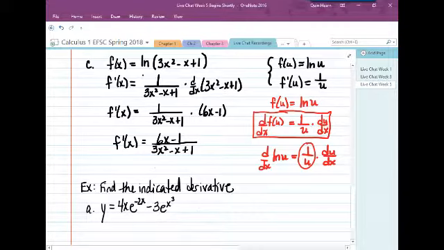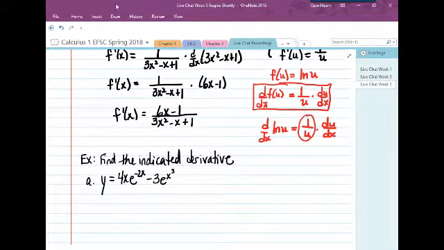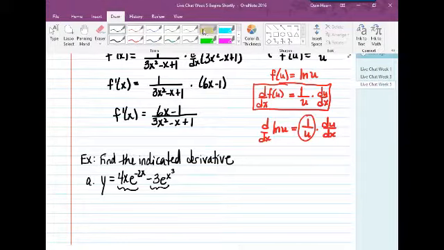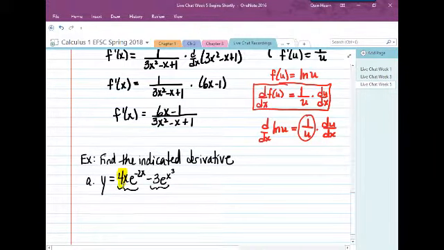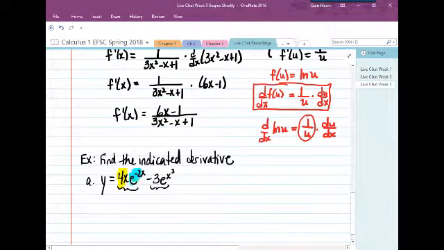Okay, so to find this derivative, I want to observe a couple of things. One, we know when we have a sum or difference, we can just take the derivative of each part of the sum or difference, each term, separately. So we're going to do that. Then to take the derivative of the first term, notice that we have something with an x times something else with an x.